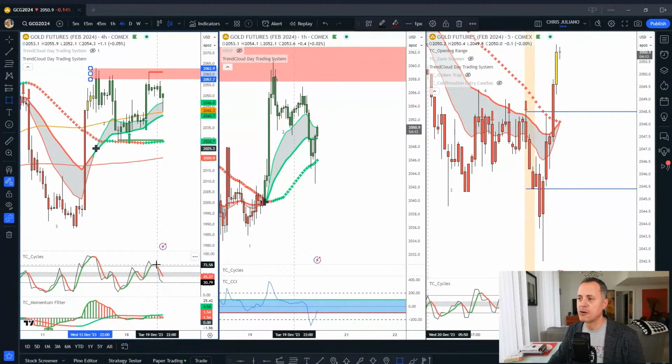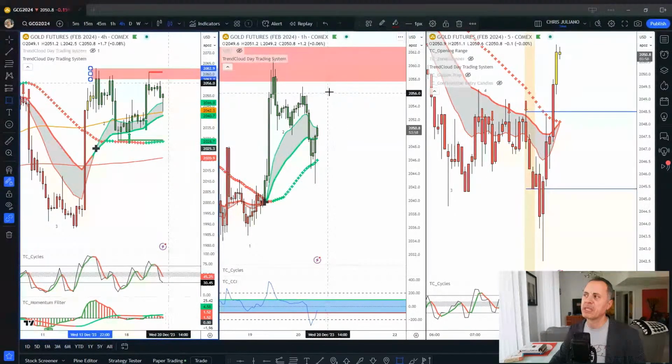So we are cycling down. We're in a corrective phase on the high time frame, and when you're in a corrective phase on the high time frame, you want to line up your middle chart and your low time frame in the downward position.